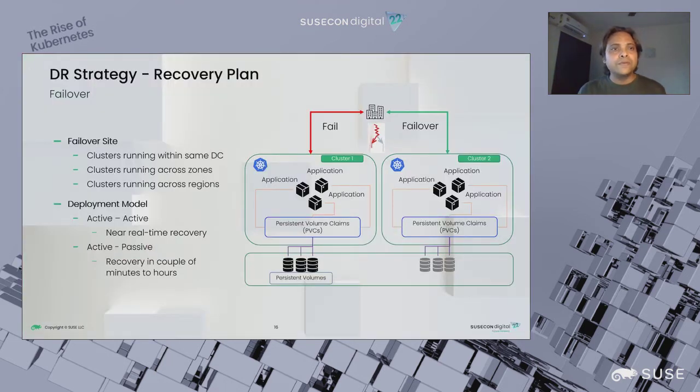So when we talk about the failover scenario, generally what happens is that when we have workloads running in a production environment, there is a high availability. And when we talk about high availability, it means there are two identical pieces of infrastructure on which the workloads are running.